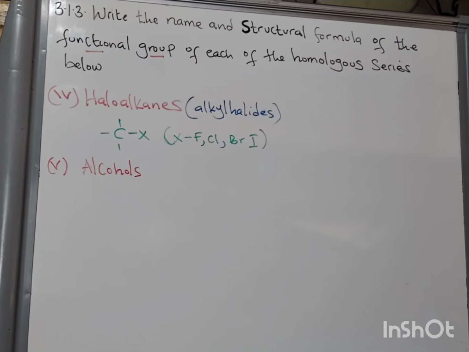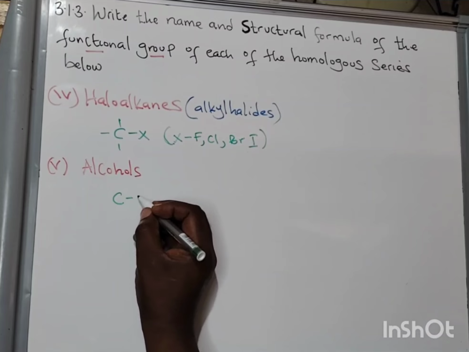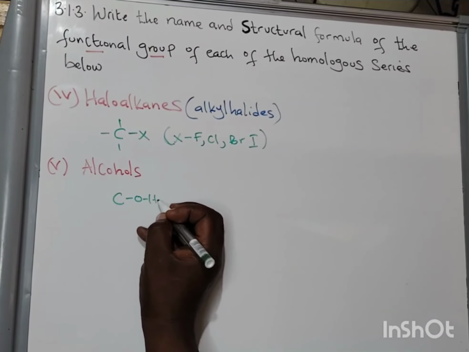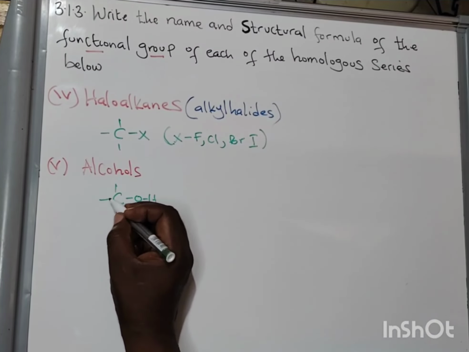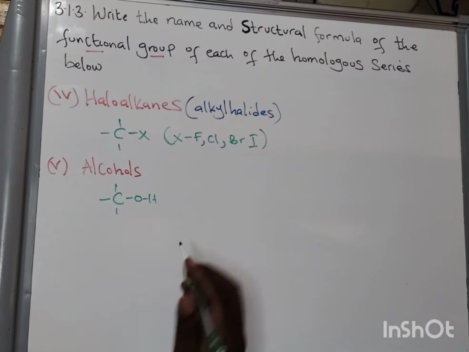Then comes alcohols. What is the structural formula of the functional group of alcohols? Okay, alcohols, the functional group is the hydroxyl group attached to a saturated carbon atom.